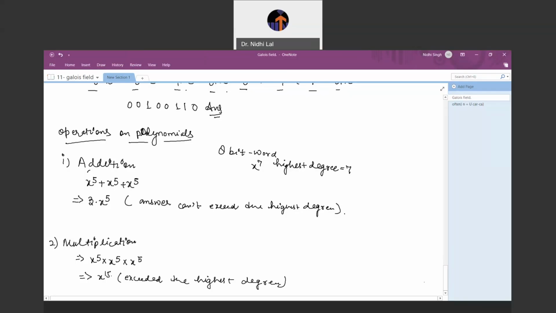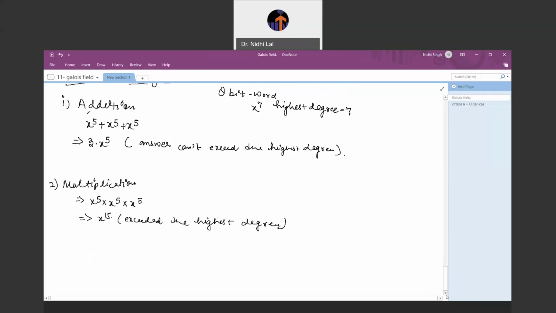In the residual environment, you can only apply the mod operation and that will be your answer. But what about the polynomials? In the polynomials, you have to perform the mod operation also.